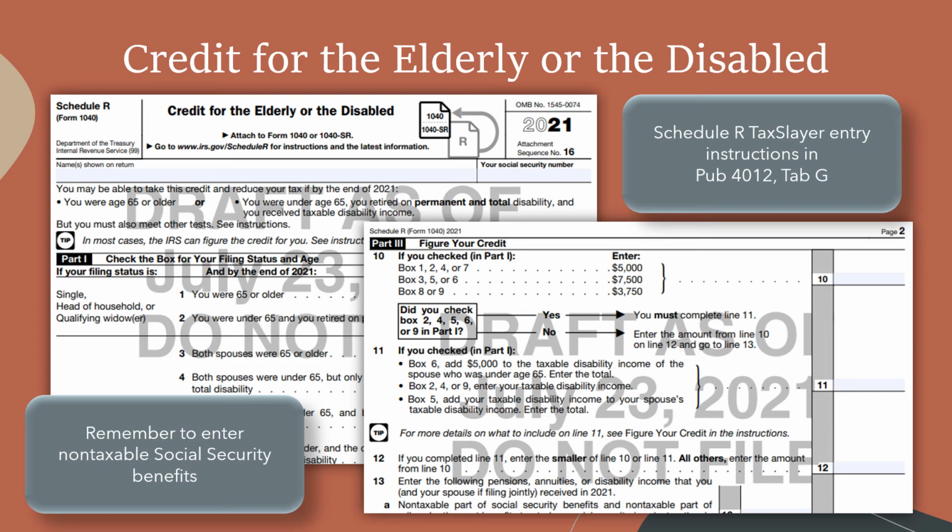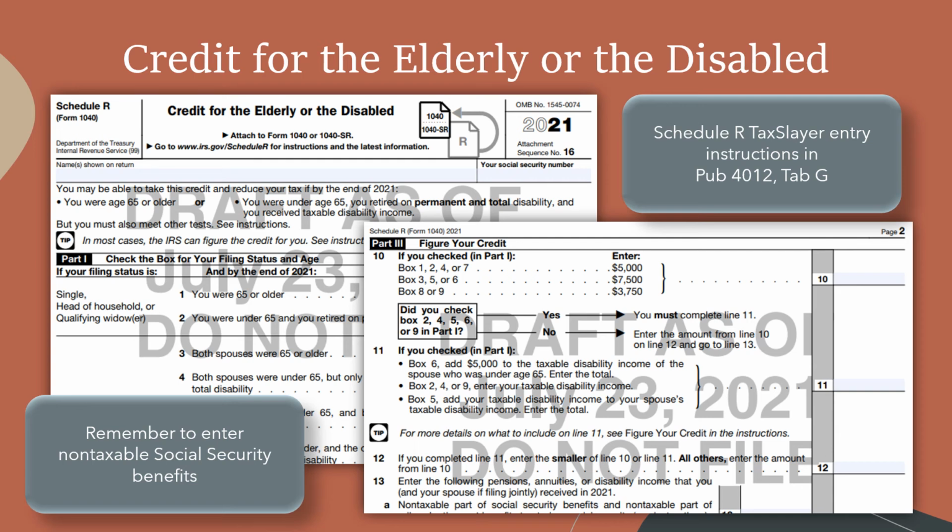If we do see it, though, the information flows onto the return initially on Schedule R, and that's where it goes through the determination of whether our taxpayer qualifies and the calculation. There are some Schedule R and TaxSlayer entry instructions in Publication 4012.